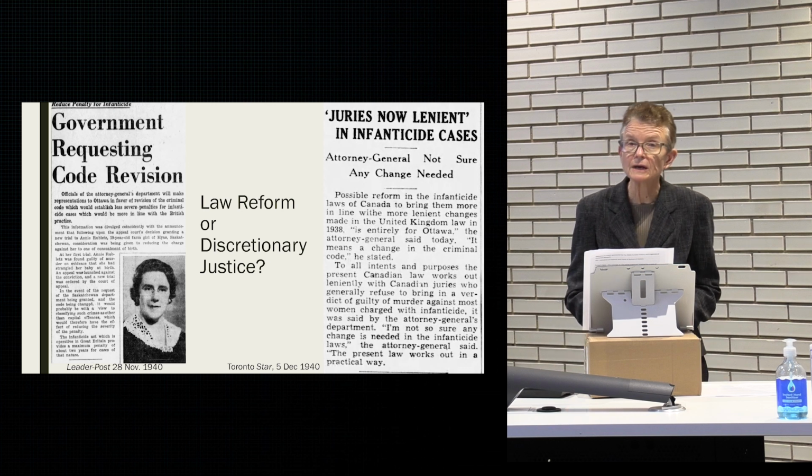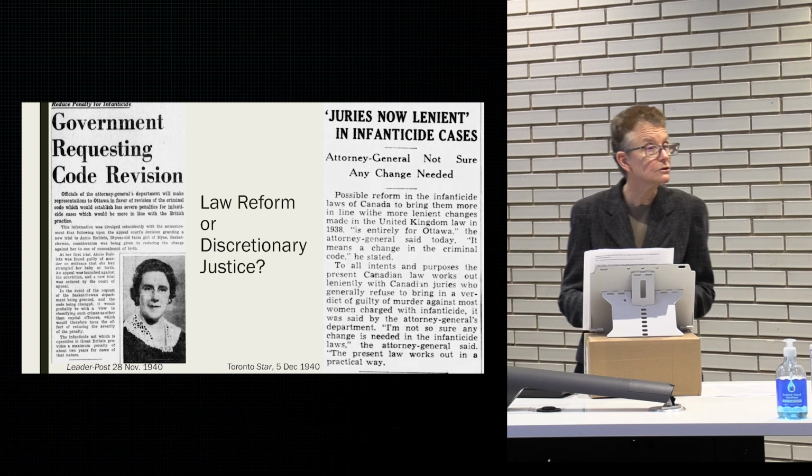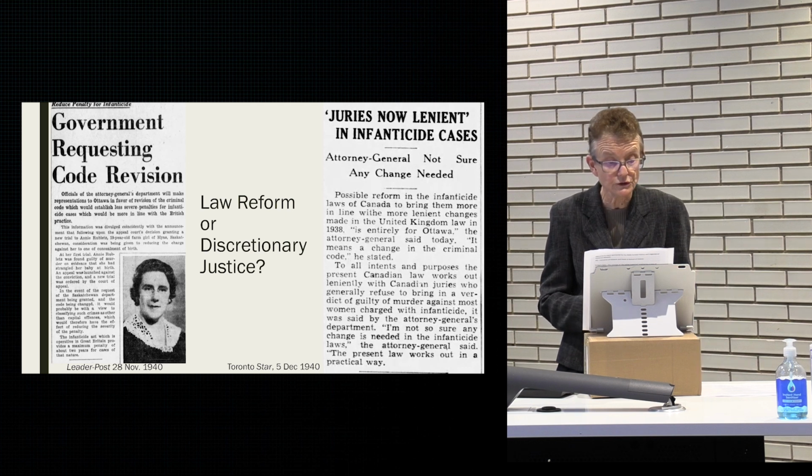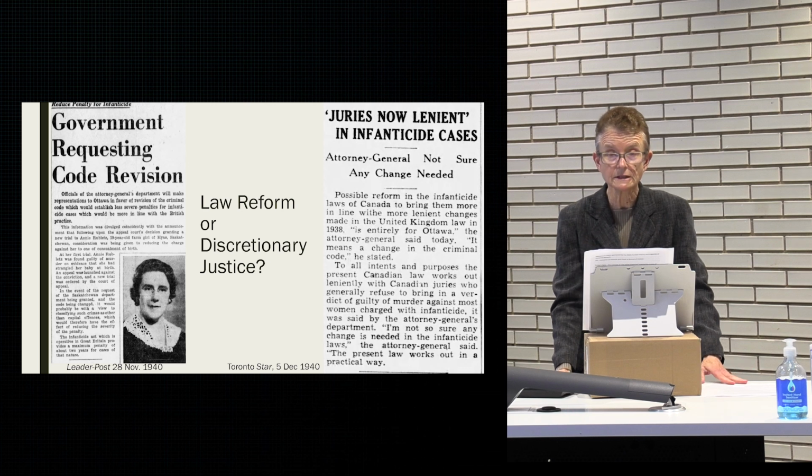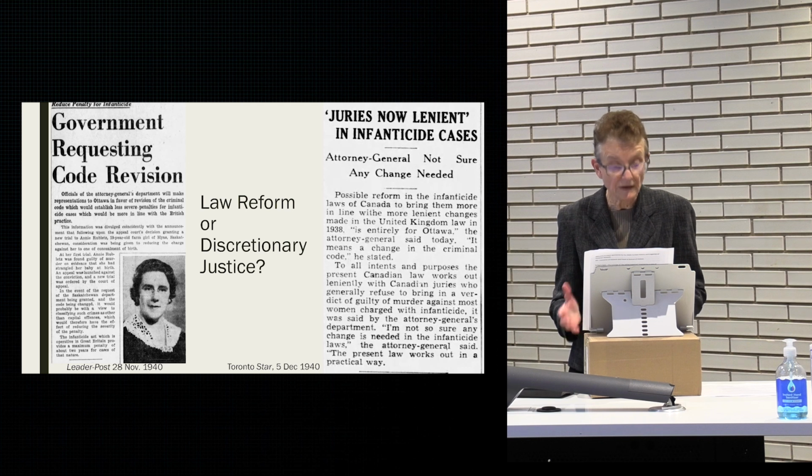Again, this was inspired by modernizing legal reforms, not the lobbying efforts of psychiatrists. In Canadian infanticide trials in the mid-20th century, psychiatrists rarely appeared unless the defense of insanity was raised, or the judge suspected that the defendant was insane and ordered a psychiatric assessment.